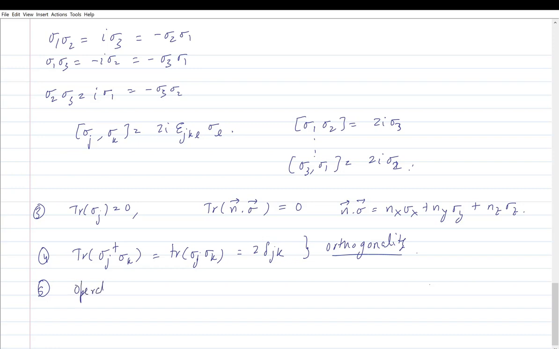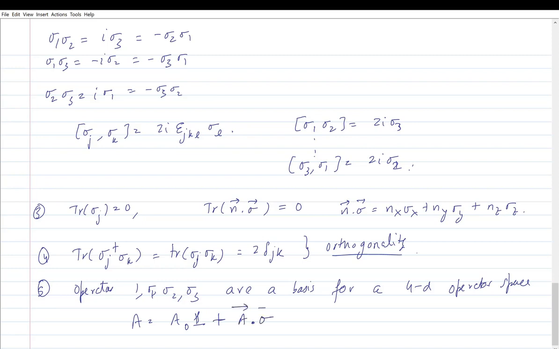Operators identity, sigma 1, sigma 2, sigma 3, they form a basis for a four-dimensional operator space, so that any operator can be written as this guy.